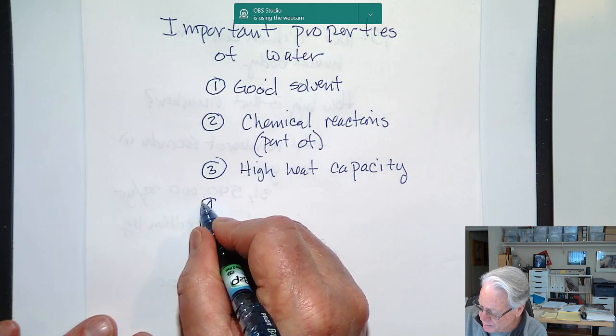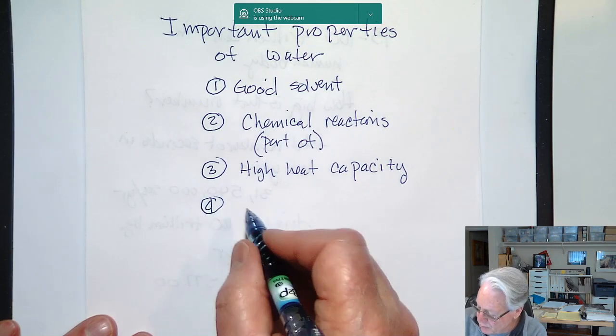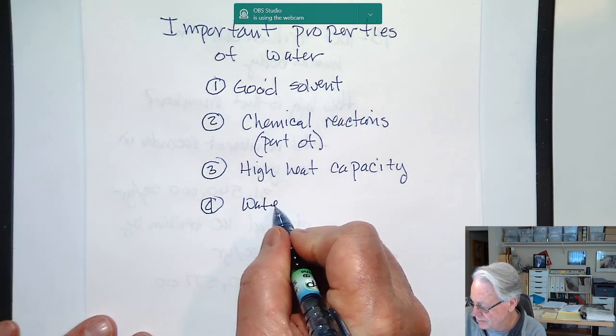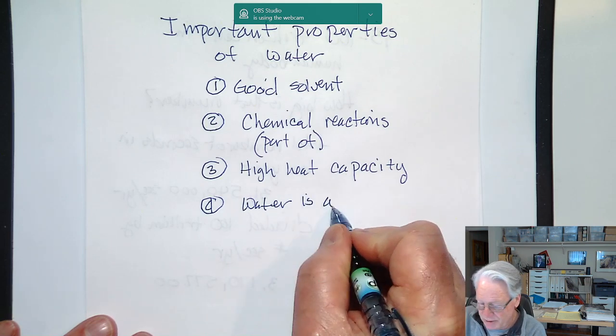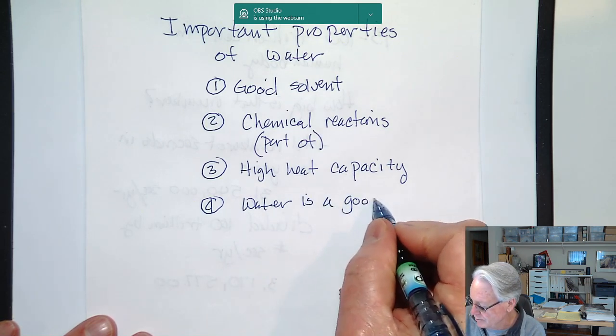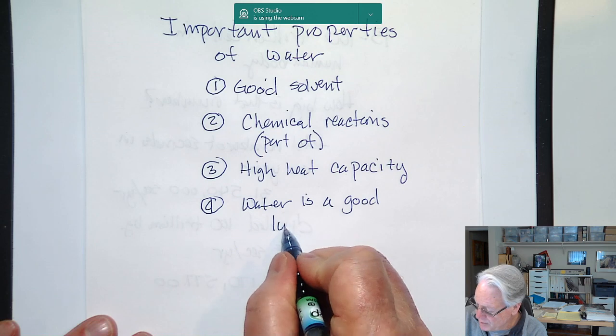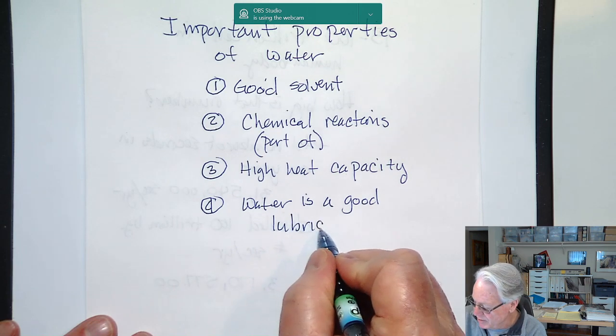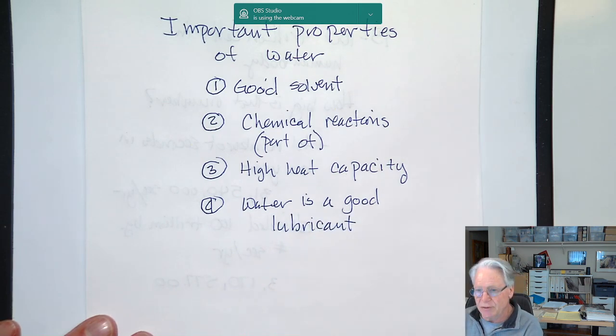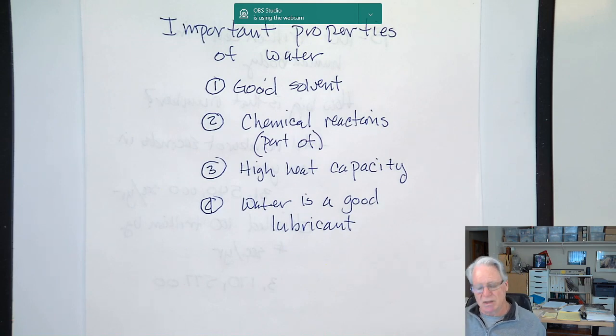And number four, water is a good lubricant. We'll talk about this as well and expand on this in a little more detail as we get into each one of these different properties. Okay? So let's begin at the start, which is water is a good solvent.